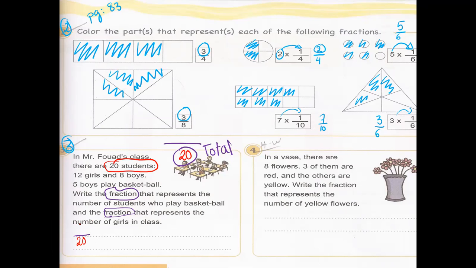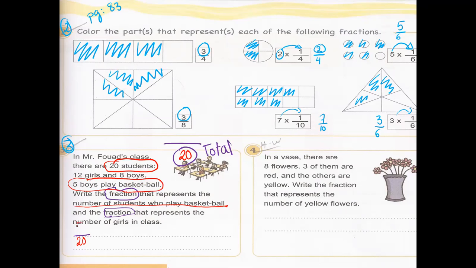Up, I will write the number according to the question. The question is, write the fraction that represents the number of students who play basketball. So up, I will write the number of students who play basketball. Let's check how many students play basketball. 5 boys play basketball.